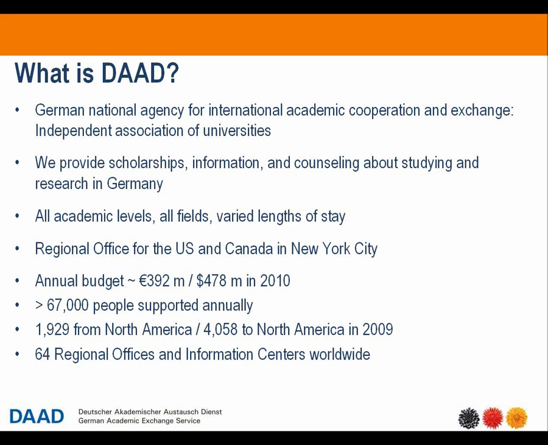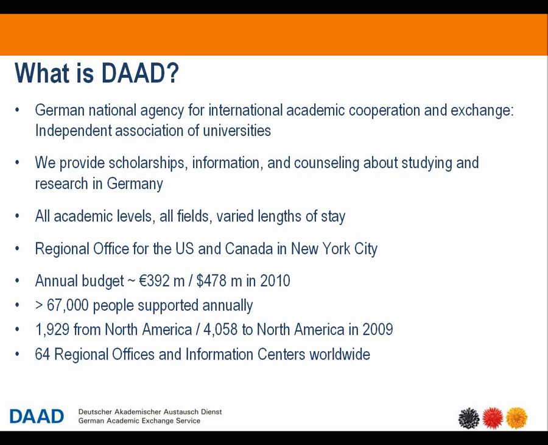As you can see, we have healthy numbers to back us up in terms of our budget and our financing. But I think what's really interesting to point out is how many people are supported annually by DAAD. As you can see, 67,000 people are supported every year to go to and from Germany. We work bilaterally, which means, in our case, between Canada and Germany and the U.S. and Germany.